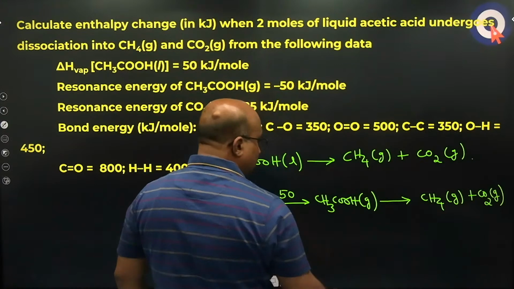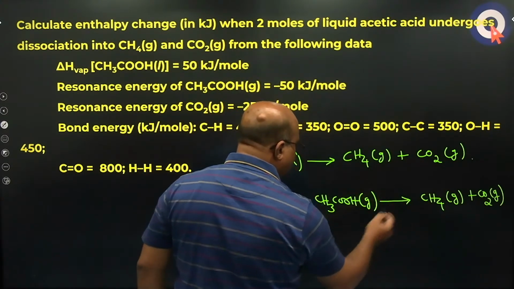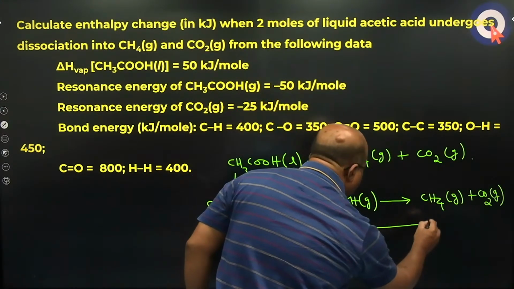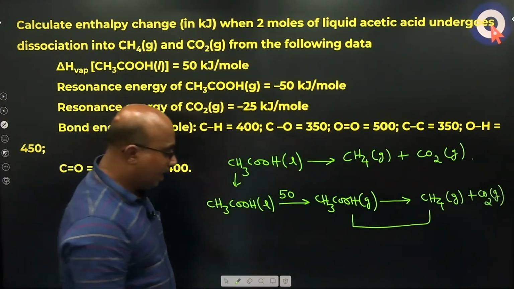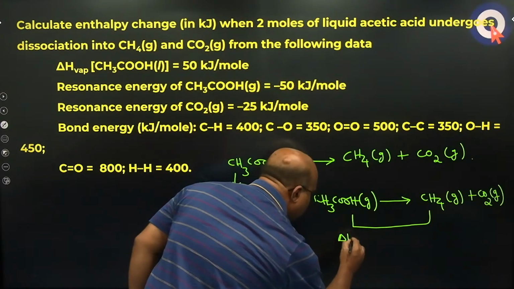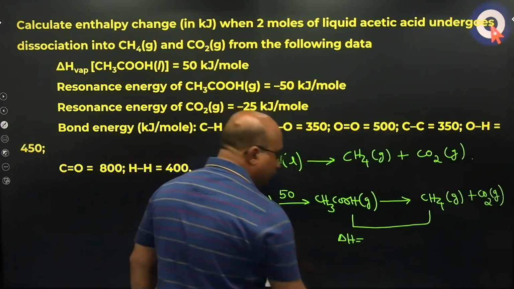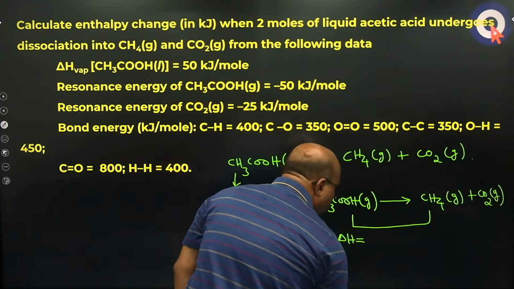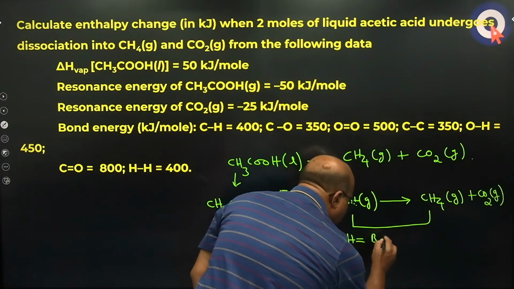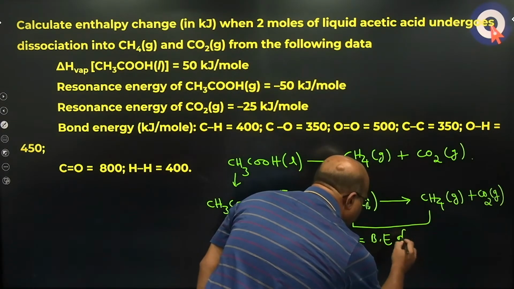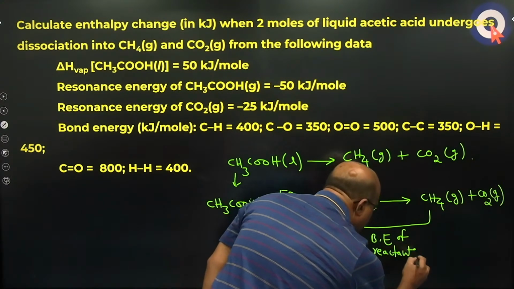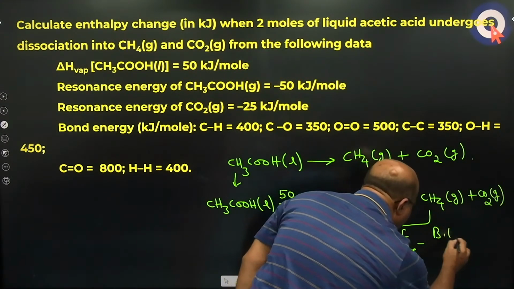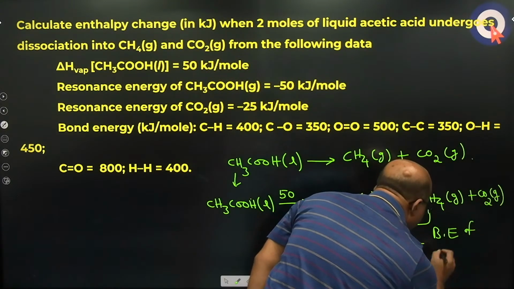But what is this process enthalpy change? For any particular process, when all components are taken in the gaseous form, the enthalpy change of this process is nothing but the bond energy of reactants minus bond energies of products.